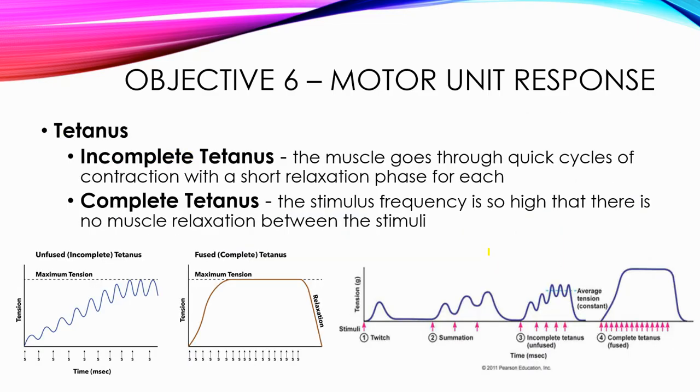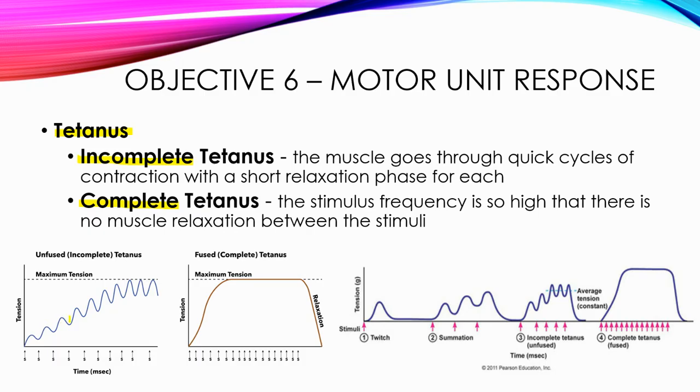Now we also have tetanus, and tetanus is where the muscle is going to be stimulated at a higher frequency, and so they don't always have as much time to relax in between contractions. So we could look at it in terms of incomplete or complete tetanus. In incomplete, they do have little short periods of relaxation before they're stimulated again.